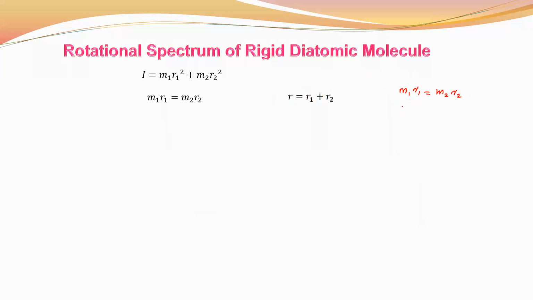Then m1 r1 is equal to m2 into r minus r1.